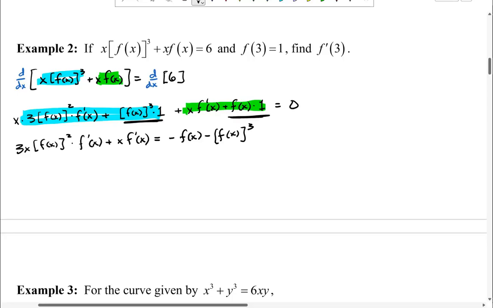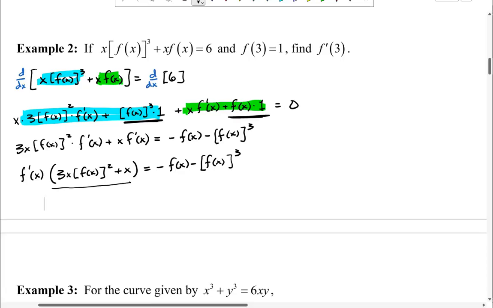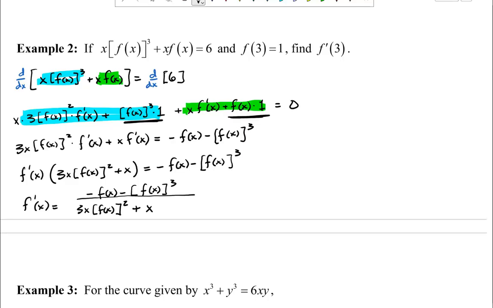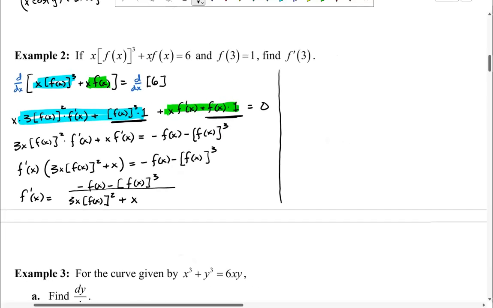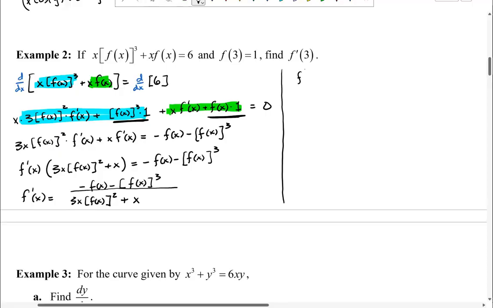Now we factor out an f prime of x. And finally, we divide by this quantity to get f prime on its own. Finally, we evaluate this derivative at 3.